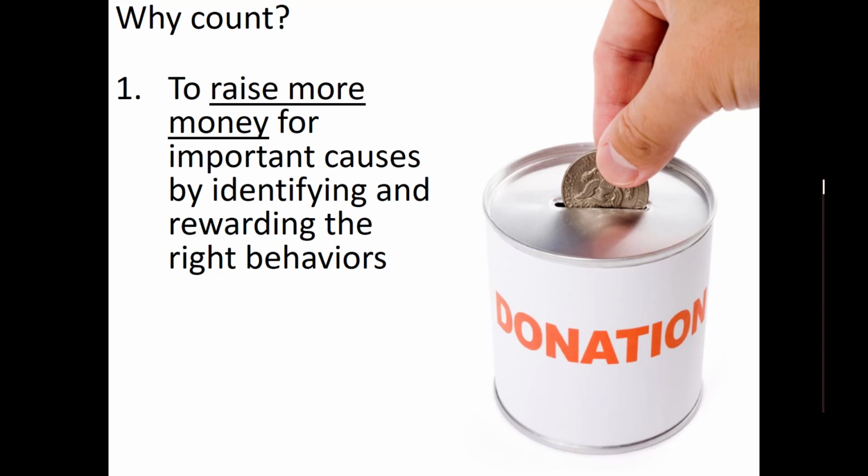And since we care about those causes, we want to raise more money for those causes. Consequently, if we can use a counting system to identify and reward the right behaviors, then ultimately we can repeat those right behaviors when we define right behaviors as those that generate money for nonprofit organizations to advance their charitable causes.